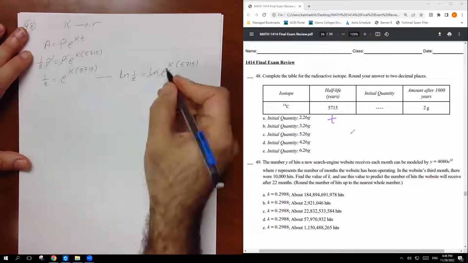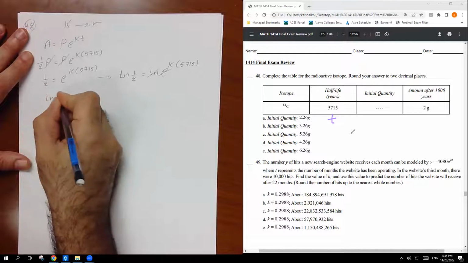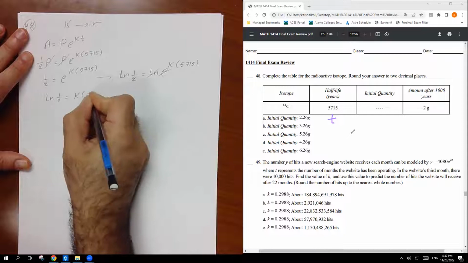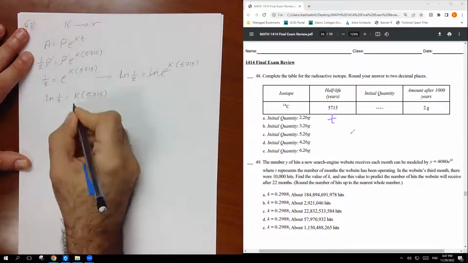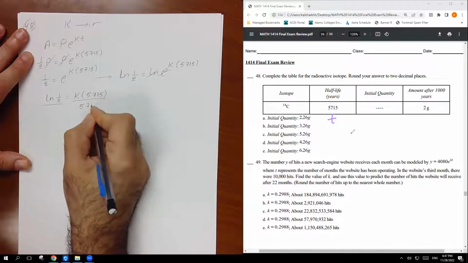So ln of half is going to be equal to k times 5,715. Then divide both sides by 5,715.